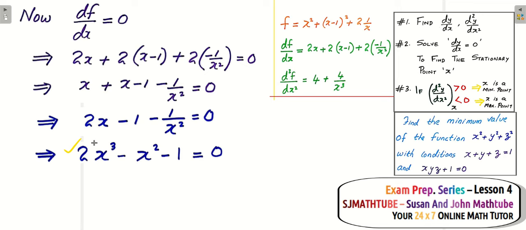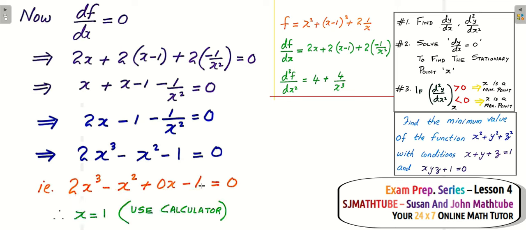Don't worry, you can take a calculator and solve it. Don't waste your time solving for cubic equations without a calculator. Take a calculator immediately and solve it. And make sure when you use the calculator, you input 2 minus 1, 0 minus 1. And that's it. You get x equal to 1.